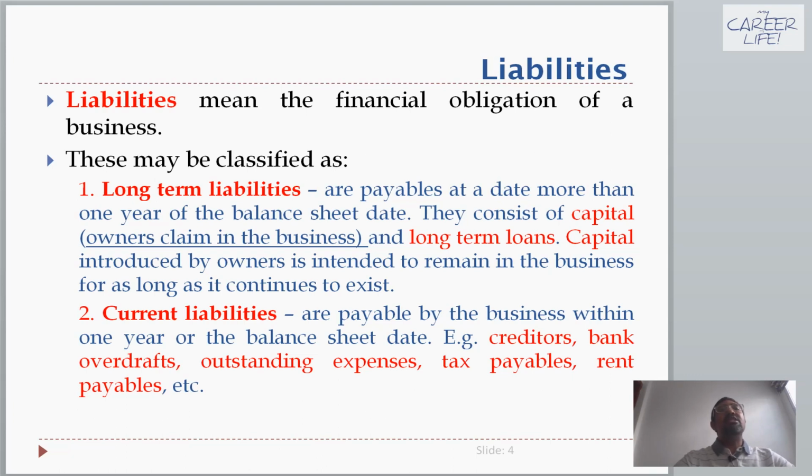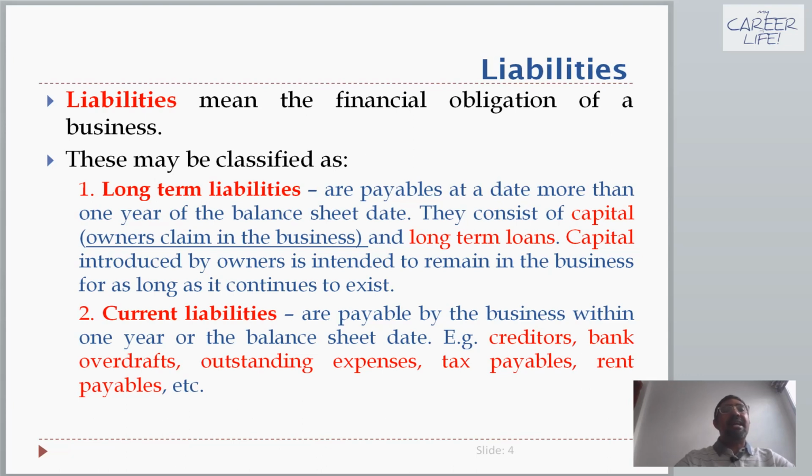So they consist of long-term loans as well as capital. So capital here also falls as a long-term liability because it is the owner's claim in the business and it will be for a long period of time. That means the capital has to be there in the business as long as it continues to exist.